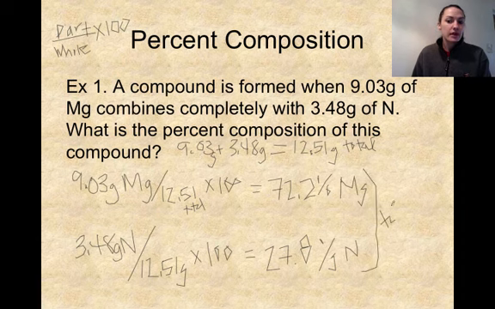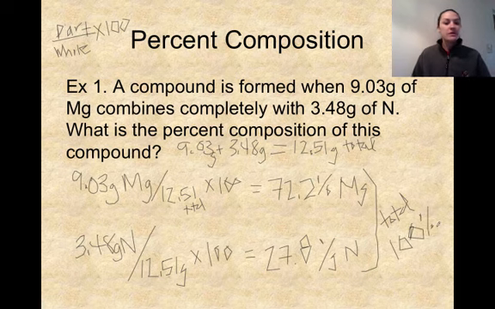So it should total 100%. If it doesn't total 100%, double check your math. You made a little mistake, okay? So you can always check to see if you did it correctly. All right? So all we're doing is part over whole times 100. That's how you find your percentage by composition, your mass percent of your compound, all right?